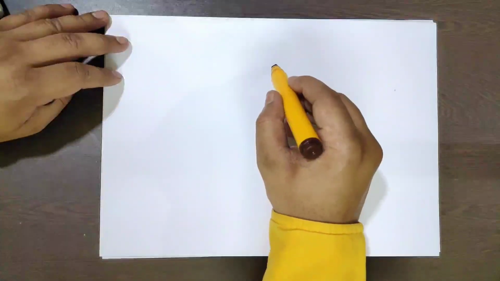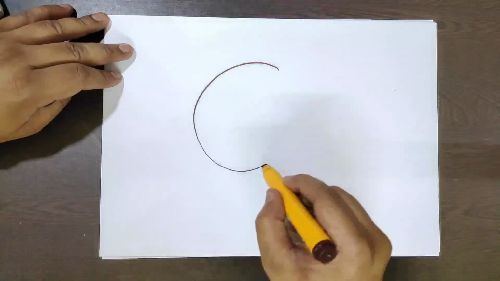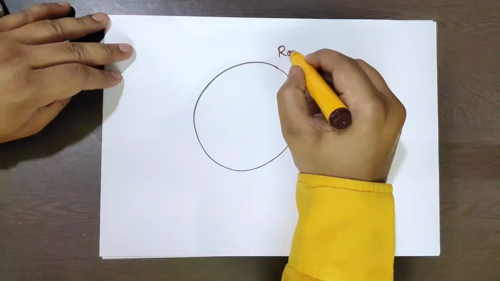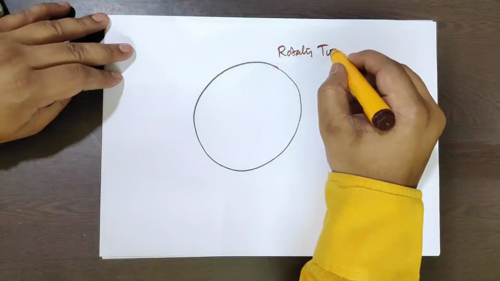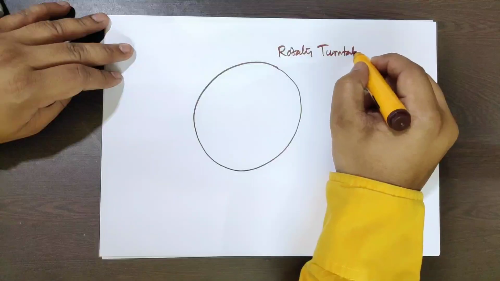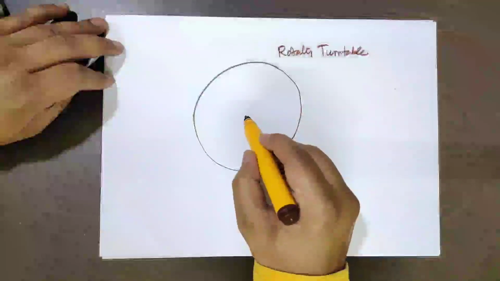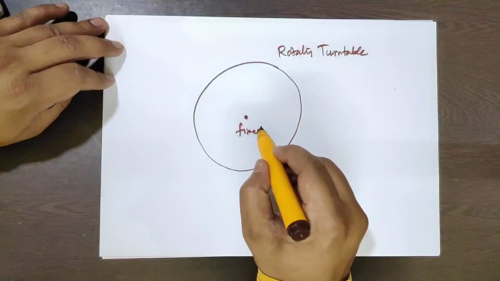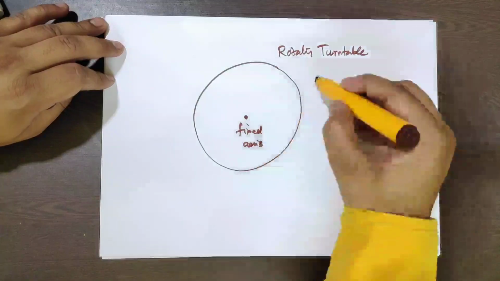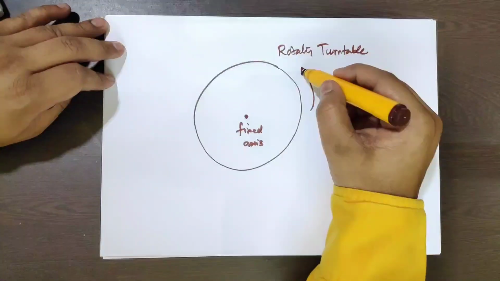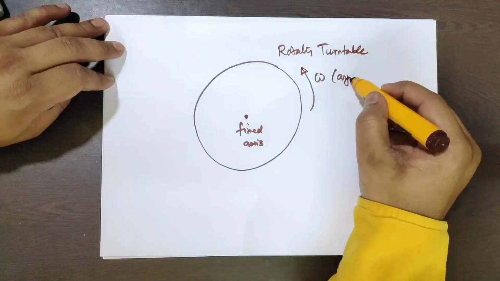And another very simple example I'll take. Suppose there is a rotating turntable, looking from the top view, with a fixed axis, and omega is the angular velocity of this turntable.